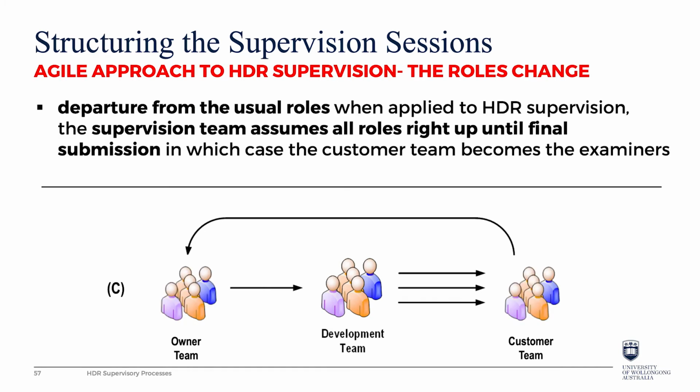So there'll be a slight shift in the way the roles are allocated. So when we're applying this agile approach to HDR supervision, we get some role changes. So the supervisory team assumes the development team role and also behaves a bit like a customer.